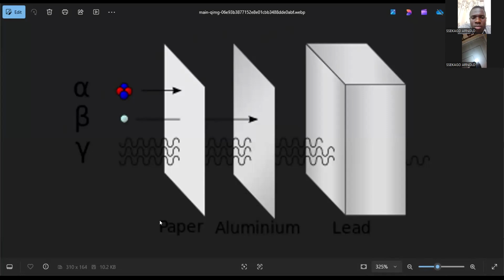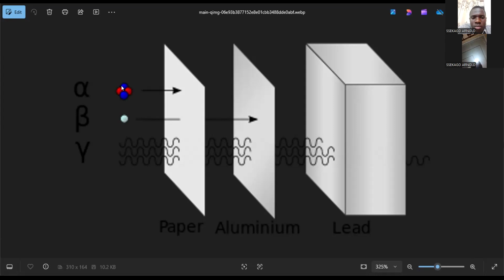The matter we have is a paper, the first matter here. Then you have metal sheets, aluminum foil here. Then we also have a sheet of lead at the end. If you recall, alpha particles are heavy, and if you are heavy, you will run at a slow rate.